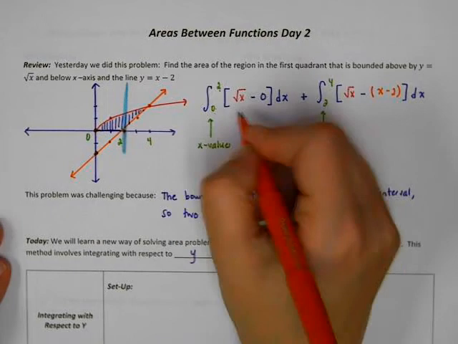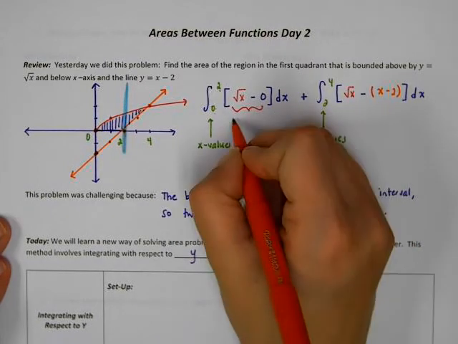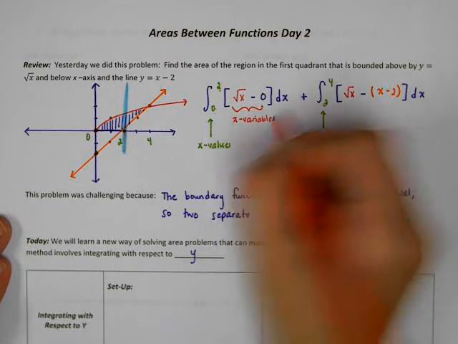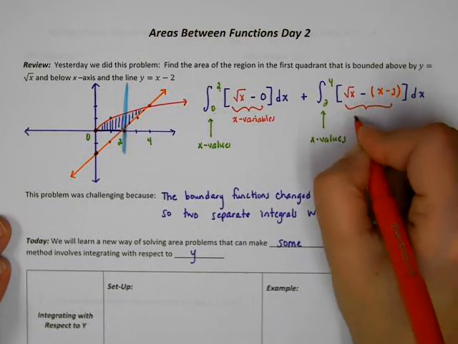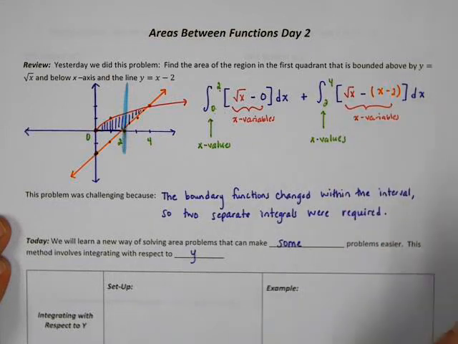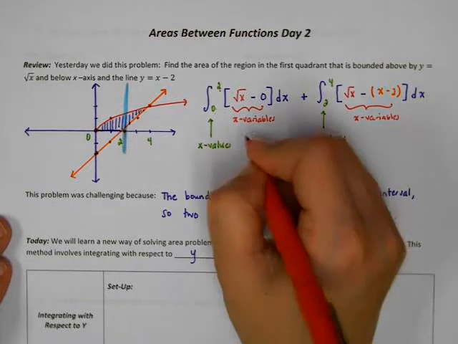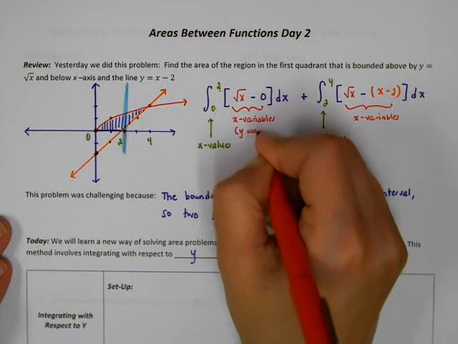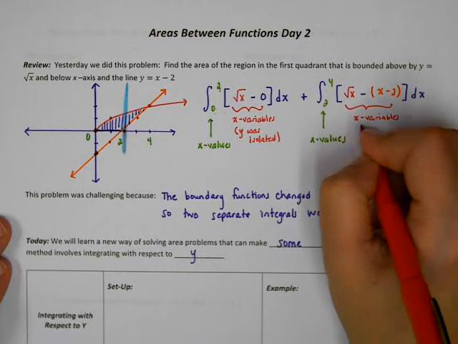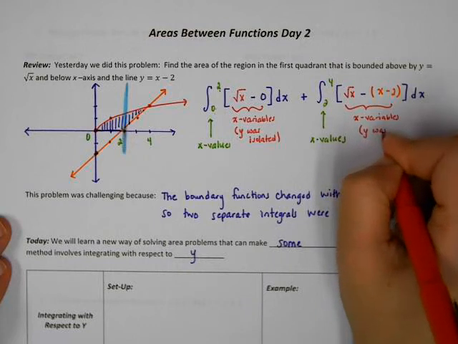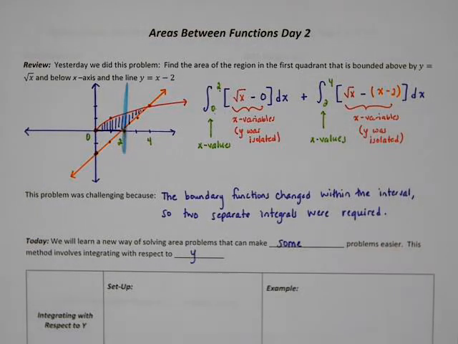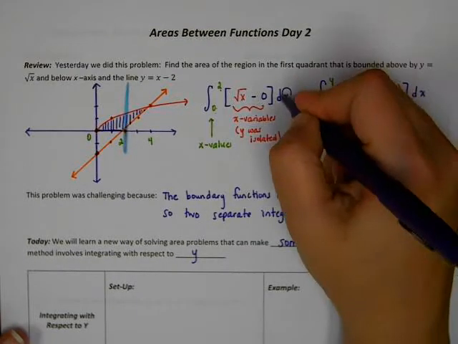The functions that are on the inside are all using x variables. Which meant that in the equations, y was isolated, and the dx always had an x.